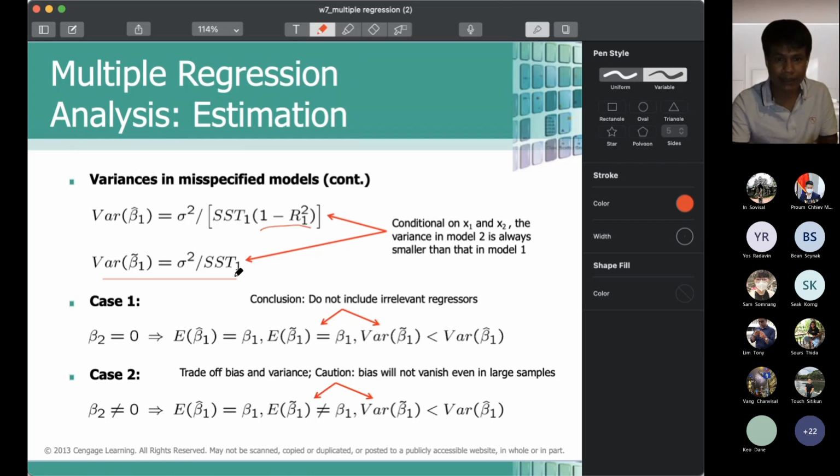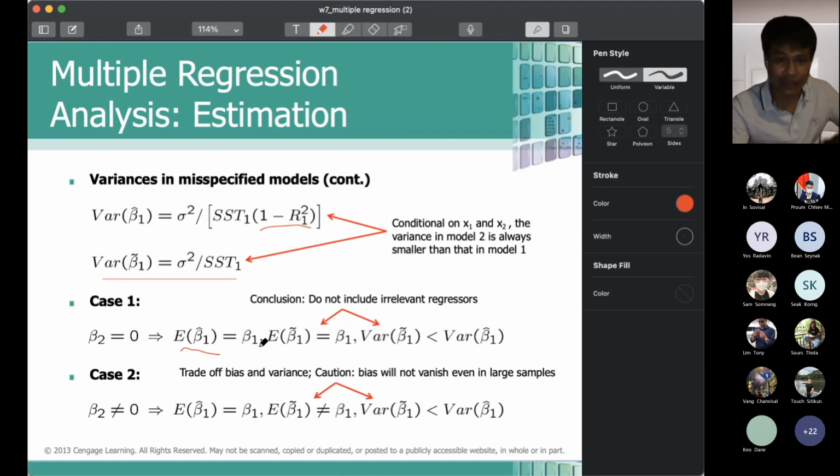So what is the problem here? In the case of model 1, where you include both x1 and x2, you expect that the expected delta 1 hat is close to delta 1, and that delta 1 is the population parameter. All right, so we obtain an unbiased estimate.